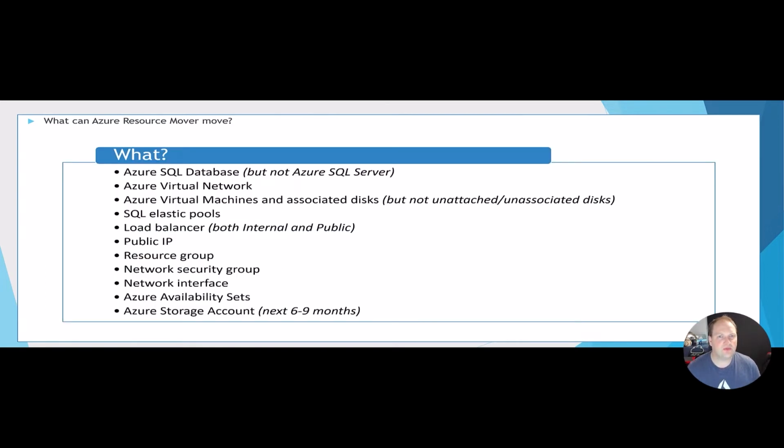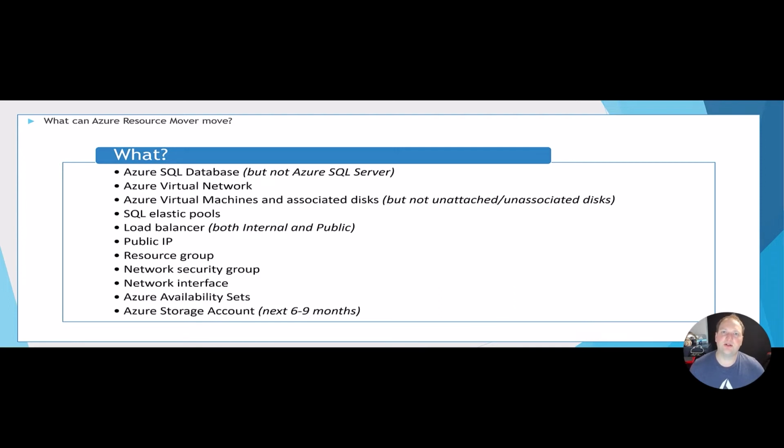So there are some restrictions to what Azure Resource Mover can currently move as of May 2022. Let's get into what resources we can move. Azure SQL databases can be migrated, but not Azure SQL servers. Azure Virtual Networks and Azure Virtual Machines can be moved, with associated disks, but not unattached or unassociated disks and snapshots.